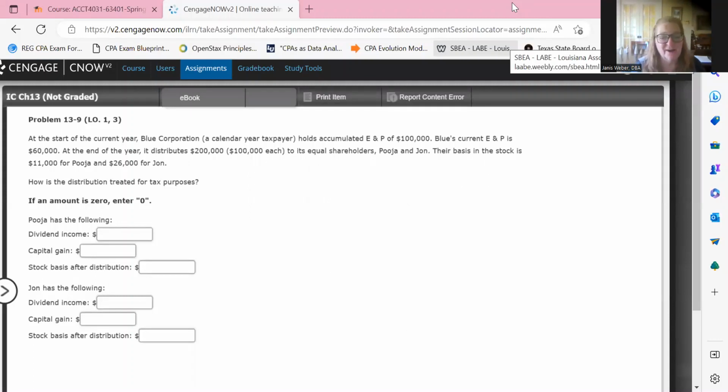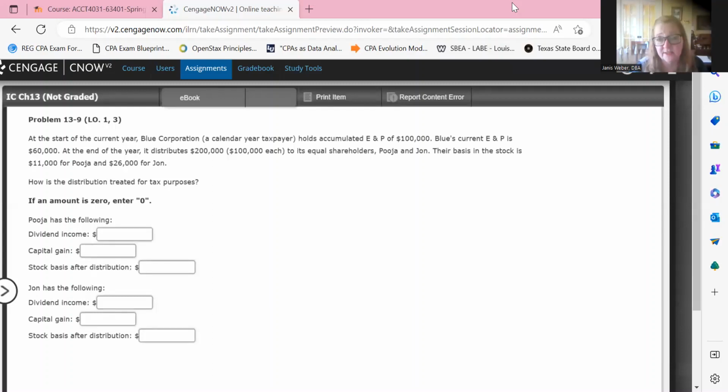Okay, so now we've got these two shareholders, Pooja and John. They own equal shares of Blue Corporation, and there's accumulated E&P of 100 and current year of 60. Current is the first place we would go to see if we should report a dividend.